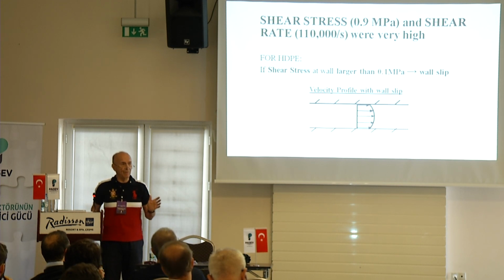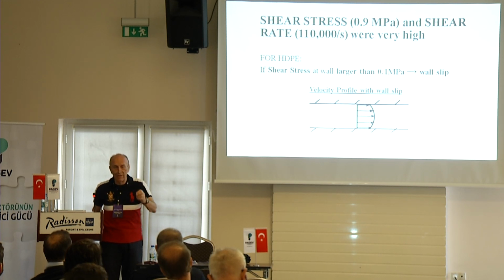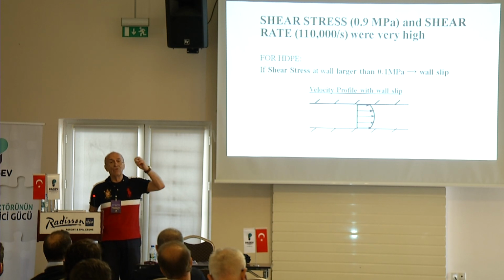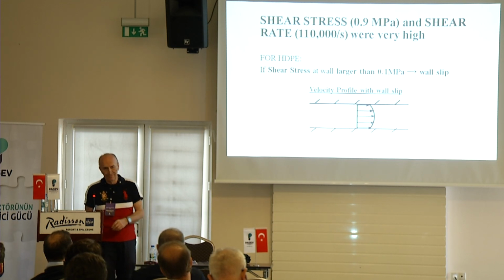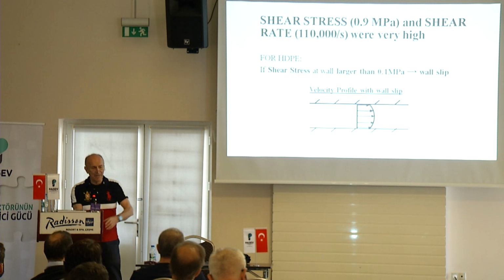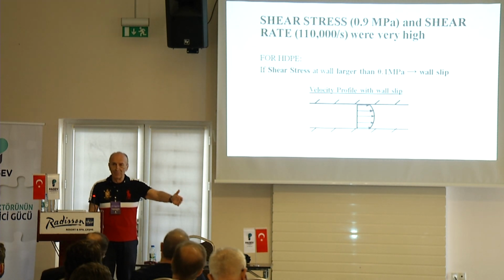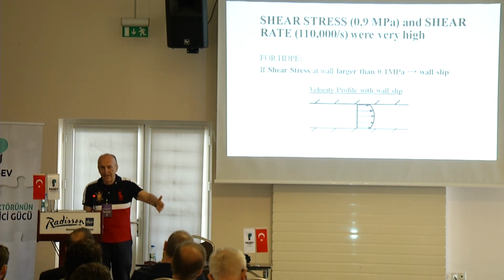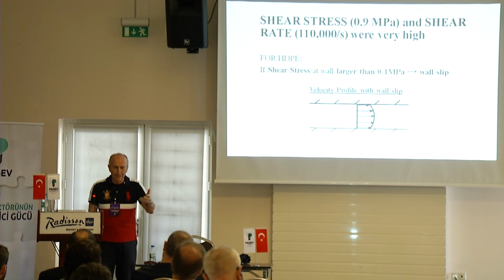And I said, oh, since we have such very high shear stress and shear rate, we must have wall slip. So we started measuring it. We measured wall slip of resin A, and we measured wall slip of resin B, and they were very different.